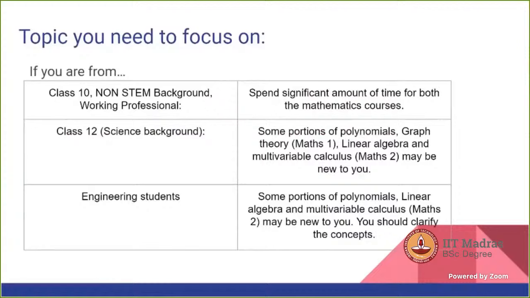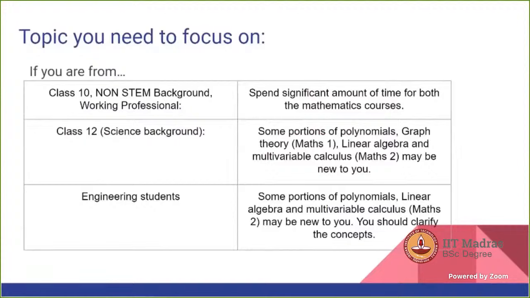Now, if you are class 12 and science background, some portion of polynomials and graph theory in Math 1, and linear algebra and multivariable in Maths 2 may be new to you. The vector space will be new to you, or multivariable topics like Hessian matrices or critical points.